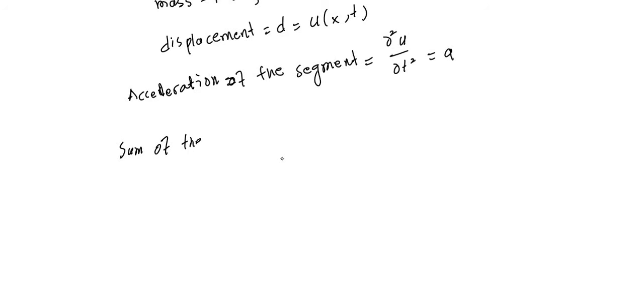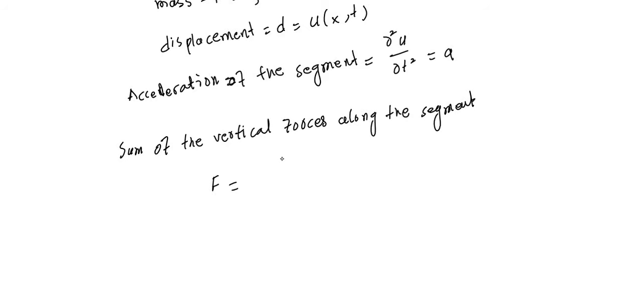The sum of the vertical forces along the segment is represented by f, and f is equal to t sine beta minus t sine alpha.